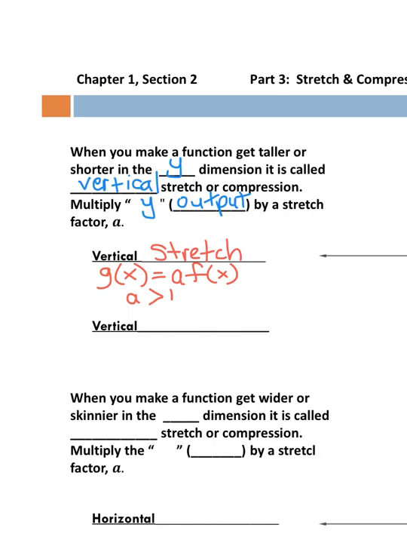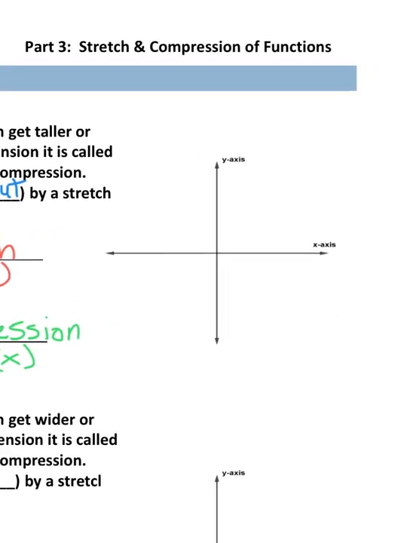Conversely, if we want to shrink something in the vertical dimension, we call that vertical compression, or you could call that shrink too, I guess. And it makes sense that if we want the output to get smaller, our factor a is going to have to be less than 1. Specifically, a is going to be less than 1 but greater than 0. So if we multiply by some kind of fraction, our output is going to get smaller.